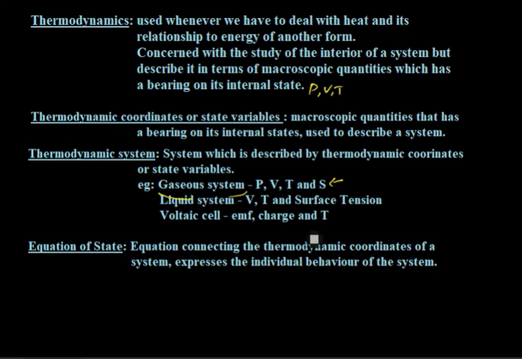Now, I told you that in order to describe a system, we need thermodynamic coordinates or macroscopic quantities. The macroscopic quantities like pressure, volume, temperature for a system will have certain interrelationships, or we can form some equations connecting the thermodynamic coordinates of a system, which is called the equation of state.